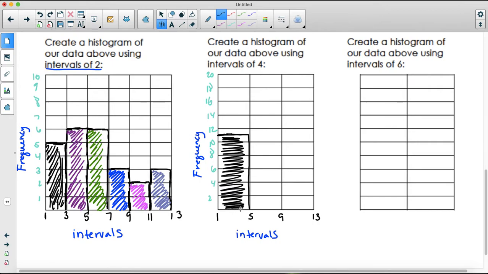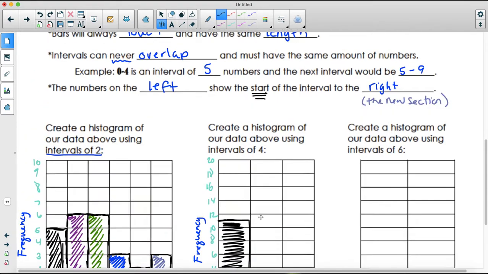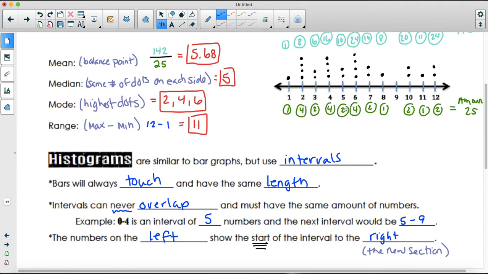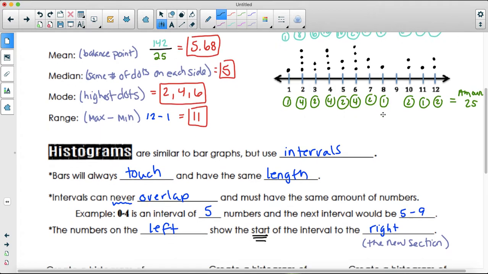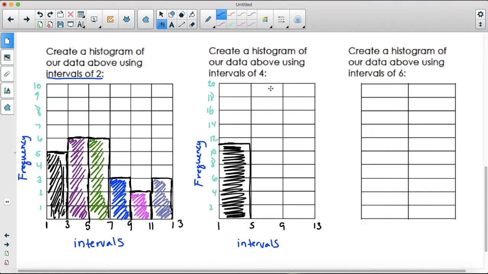For May, June, July, and August, so 5 through 8, we have 2 plus 4, 6, 8, 9. So we have 9 people who have birthdays in May, June, July, and August. So I'll put my graph at 9 here, down, and I'll color this one in.